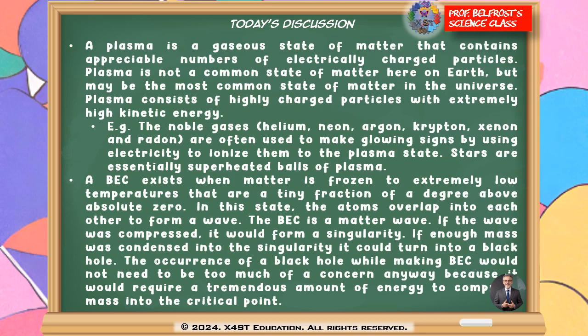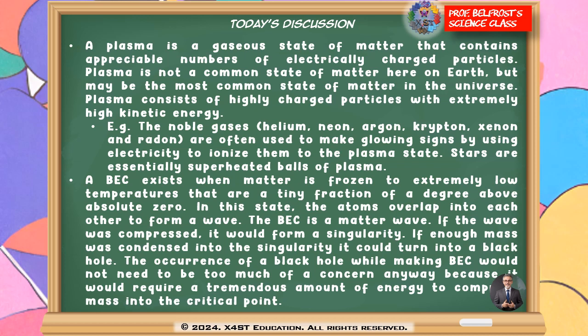Okay, so now we enter a not very ordinary state. Maybe you have heard of plasma. It is quite general, you have heard it many times maybe. Plasma is actually a gaseous state of matter that contains appreciable numbers of electrically charged particles.